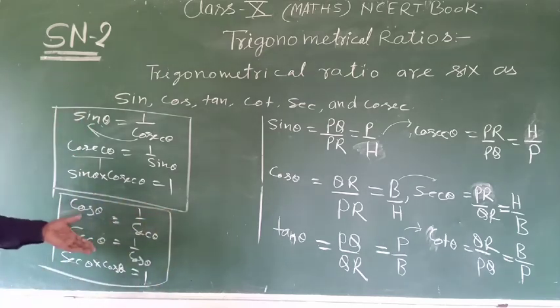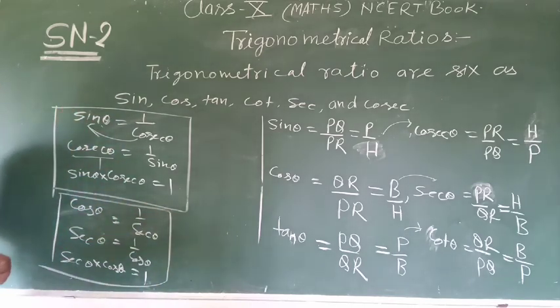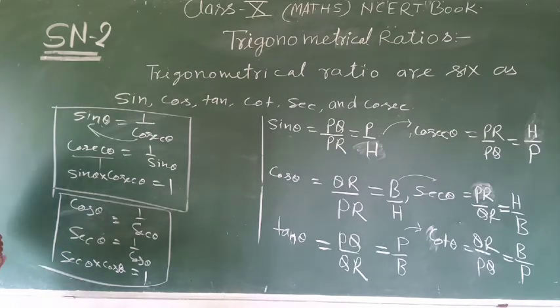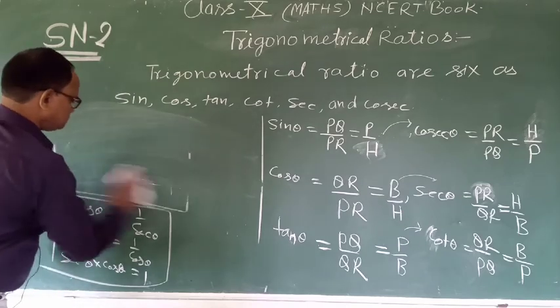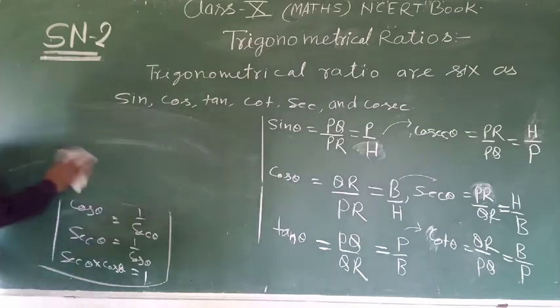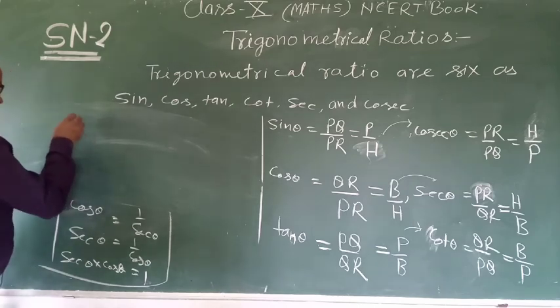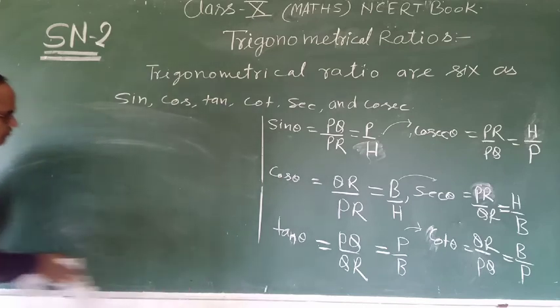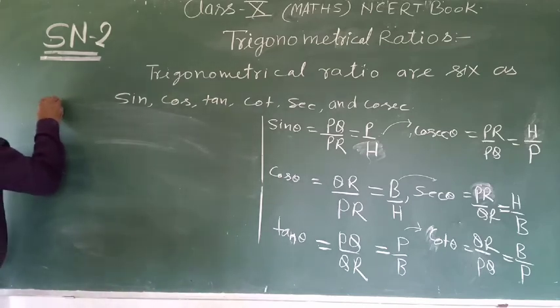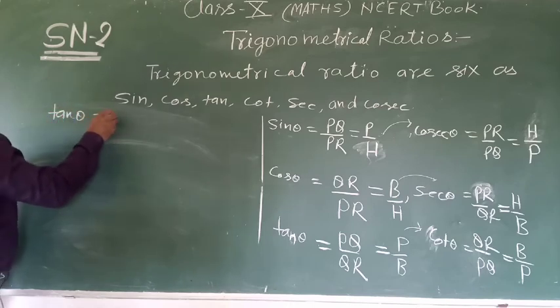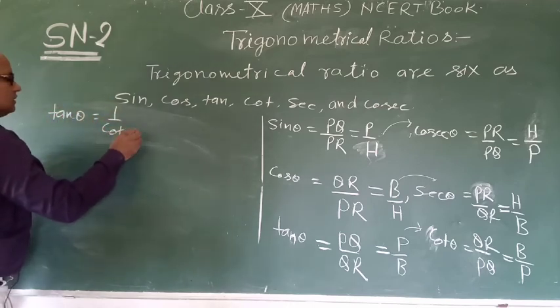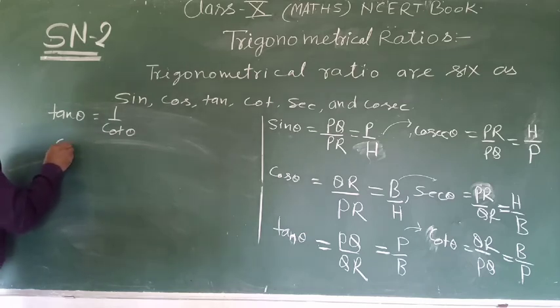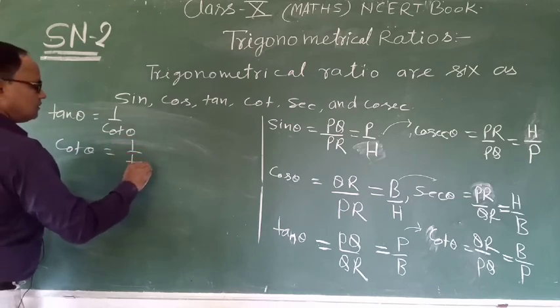Okay students, this is a very important formula. Similarly, tan theta is equal to 1 by cot theta, and cot theta is equal to 1 by tan theta.